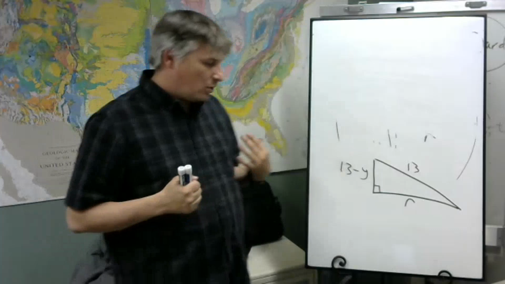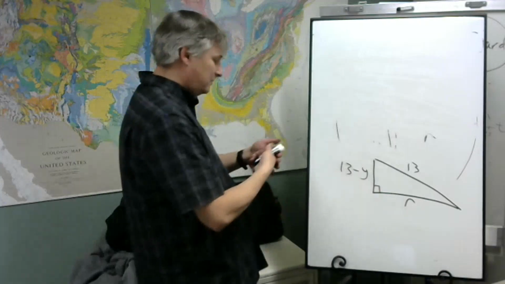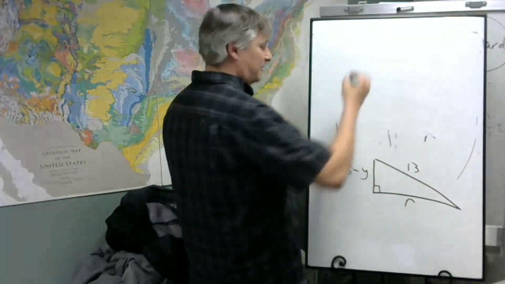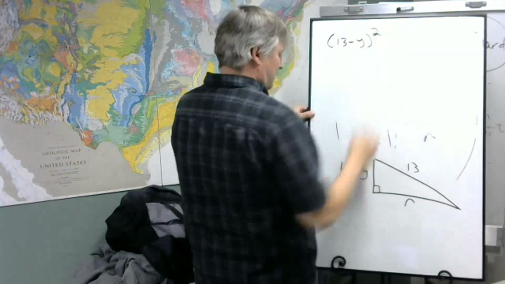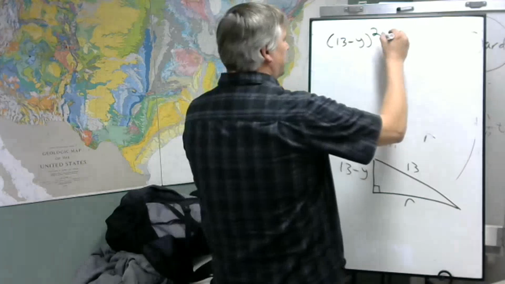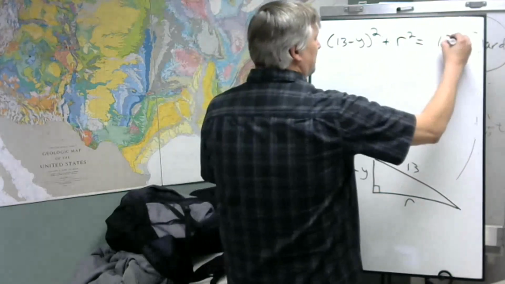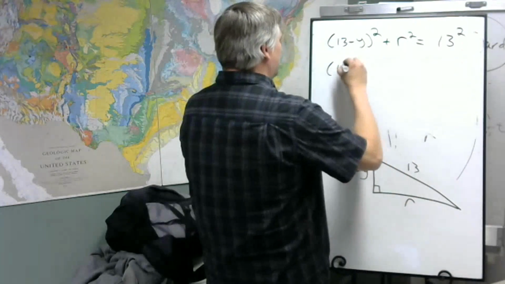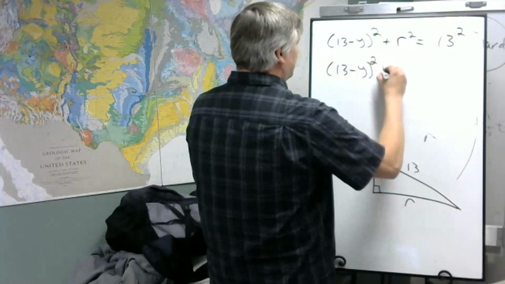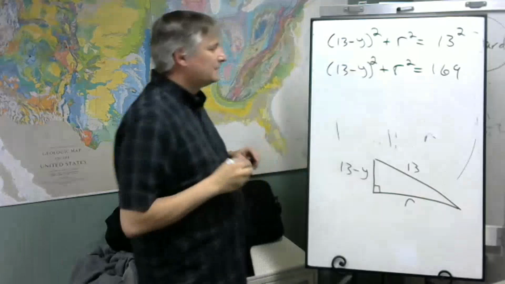So what we want to do is find a relationship between R and Y. What we can do is use the Pythagorean theorem. This side squared plus this side squared is equal to the hypotenuse squared. We won't expand this. We'll keep it a little bit packaged up.